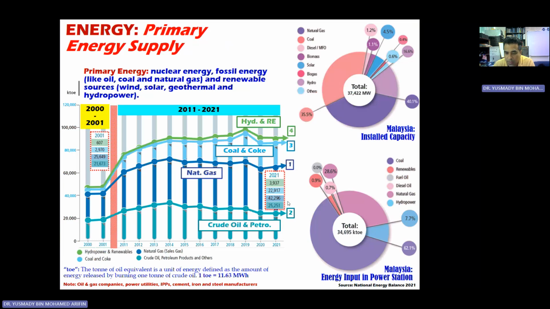Okay. And for energy input in power stations, the most actually comes from coal, followed by natural gas. So these two types of energy supply are actually the typical energy sources used in power plants, natural gas and also coal.